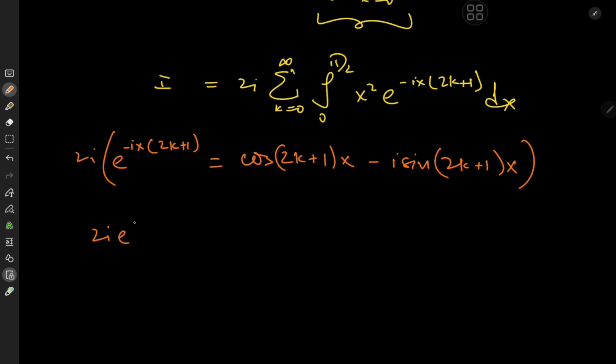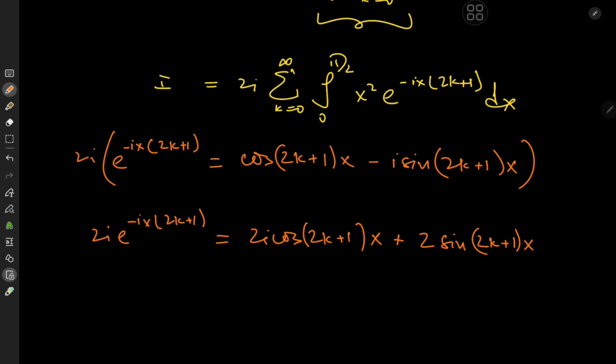We have 2i e to the negative ix times 2k plus 1 equal to 2i cosine of 2k plus 1 x. i times i is i squared, negative 1, so we have plus 2 times the sine. Terribly sorry about that, I am quite tired right now. Twice the sine of what? We have sine of 2k plus 1 times x, and this looks pretty cool.